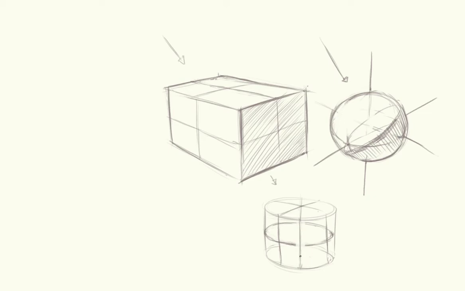If this was going to be lit, the light on these has a tendency to fall in strips. I'm going to do really rudimentary graphic shading on this. So that's occlusion happening underneath.